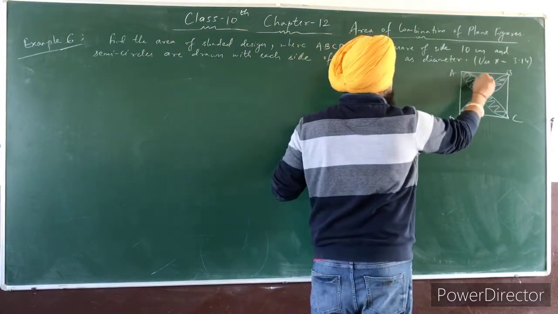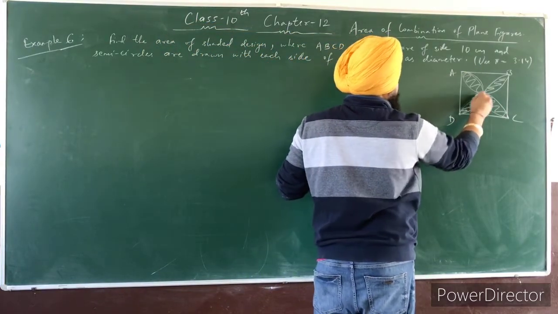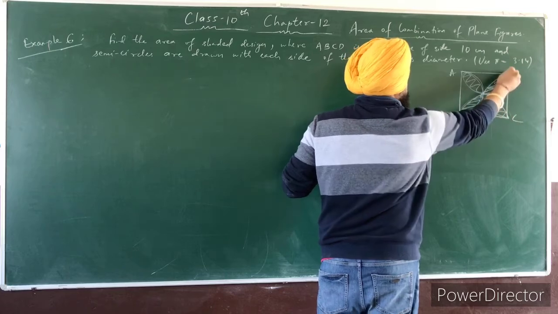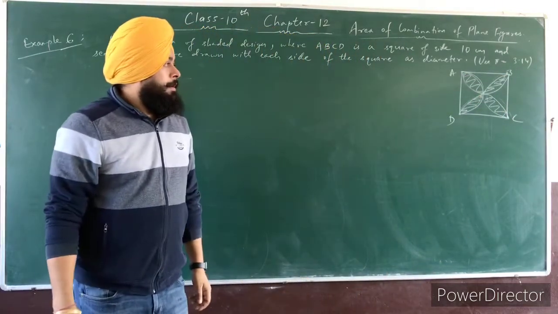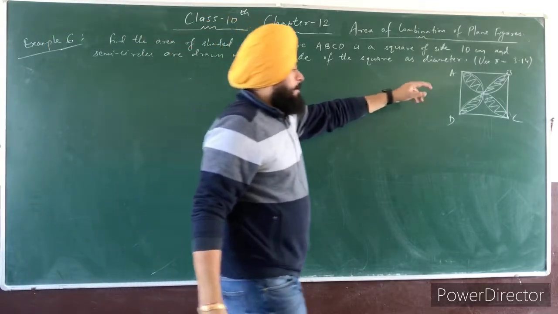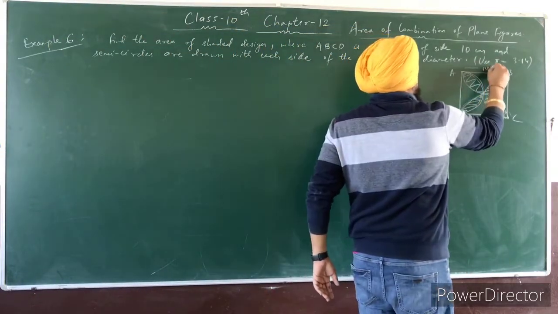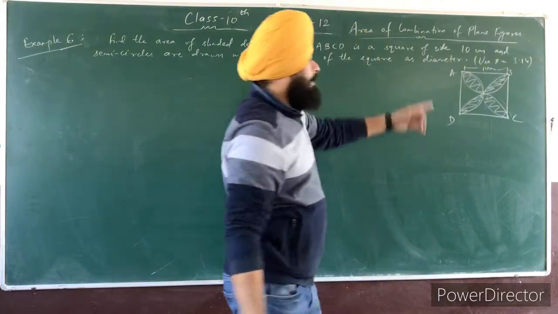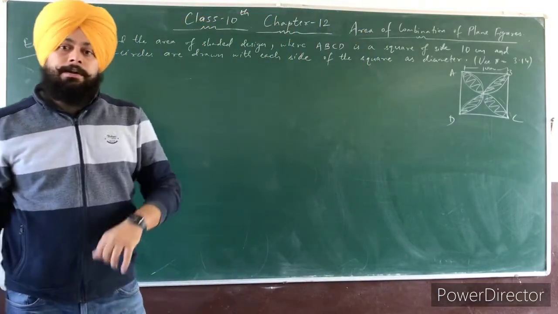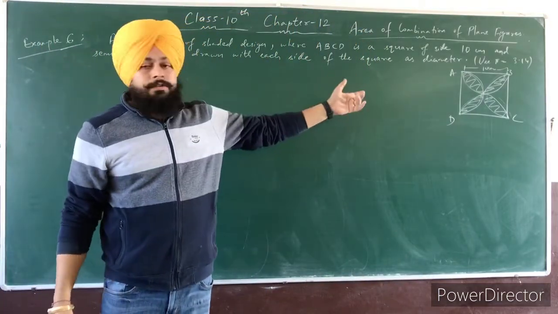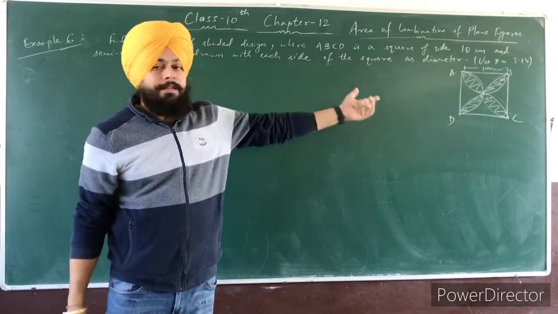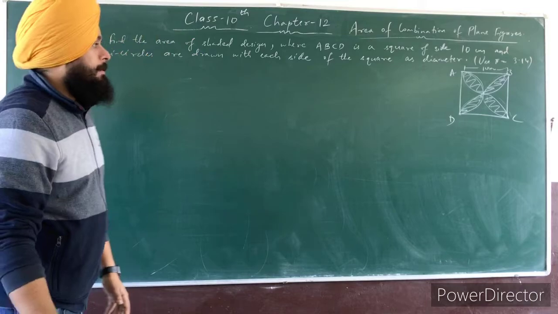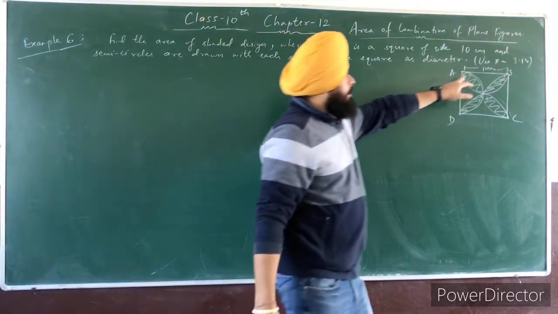First semicircle drawn with side AD, second with DC, third with CB, and the last semicircle with side BA. The side of the square is 10 centimeter, and the diameter of each semicircle is also of length 10 centimeter.